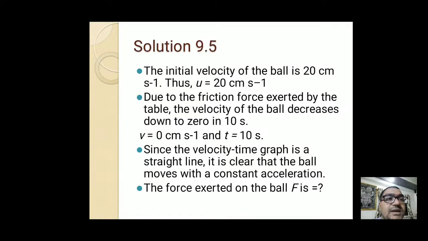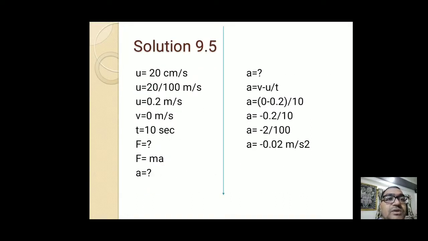Let's again write all these values. Initial velocity u equal to 20 centimeter per second. I told you in earlier videos also that we have to convert it into meter per second. Centimeter per second is not the SI unit, so to convert 1 centimeter into meter we multiply by 1 upon 100.